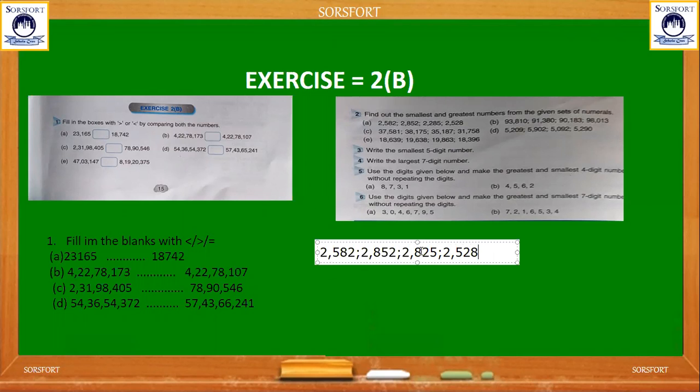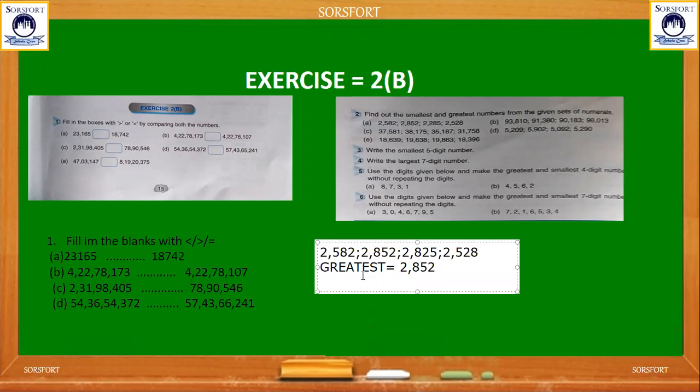Now from here you have to write down the greatest. Let's see the greatest first. So what is greatest here? See, this is 25, 28, 28. So yes, 2,852.